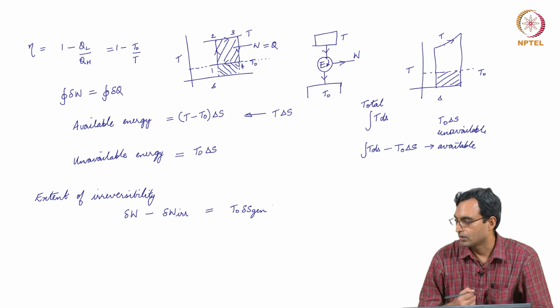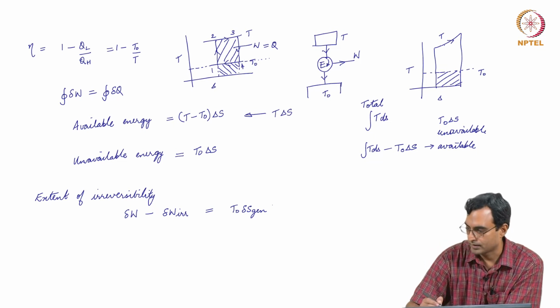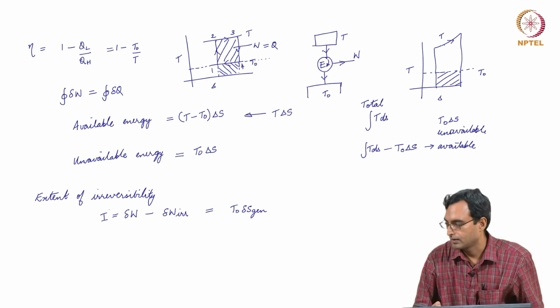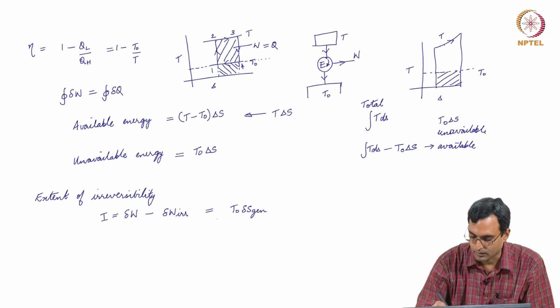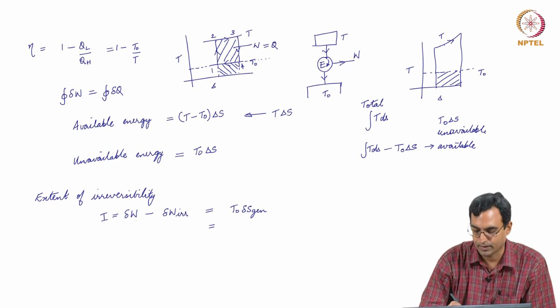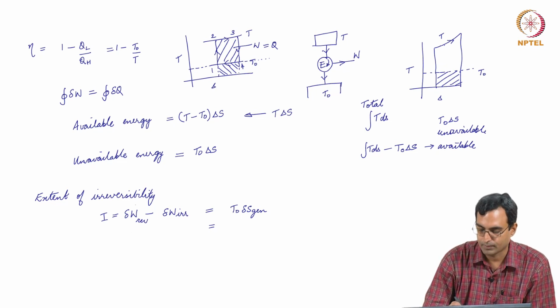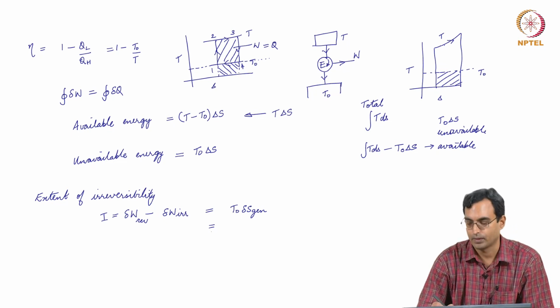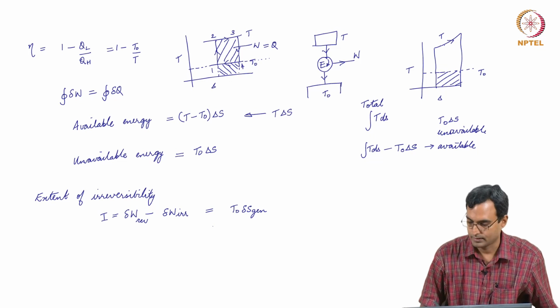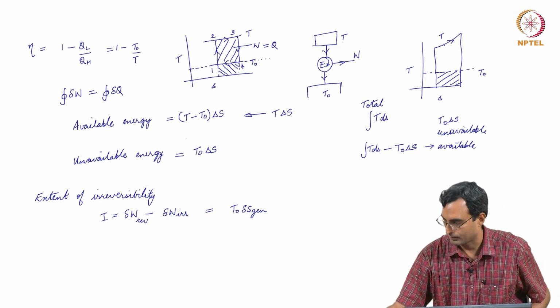So, that is also called the extent of irreversibility, denoted as I, which is also the maximum work. This is the maximum work which you can get, because if this was reversible, it is the maximum work you can get minus whatever work you actually get. So, that is another small definition which we have over there.